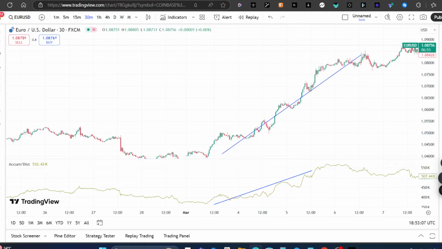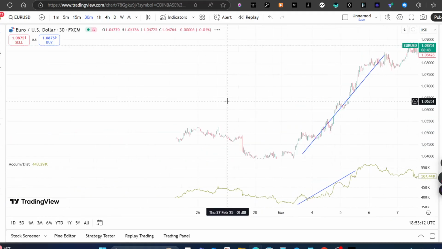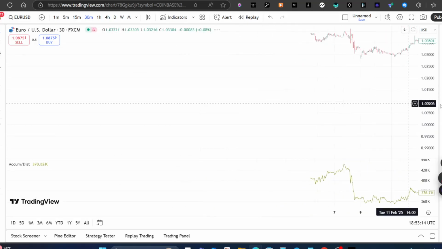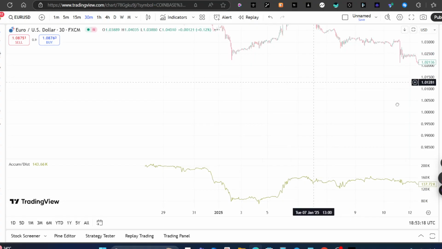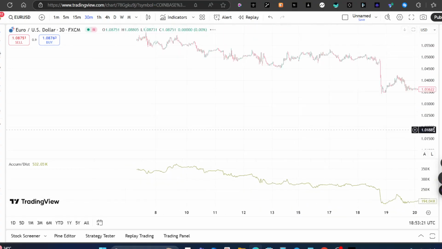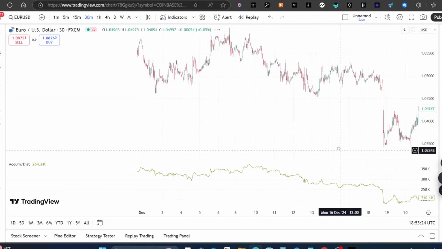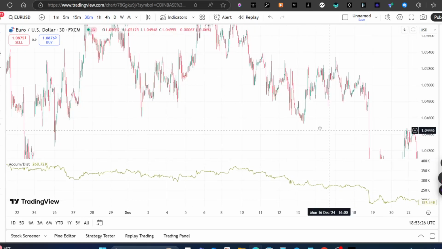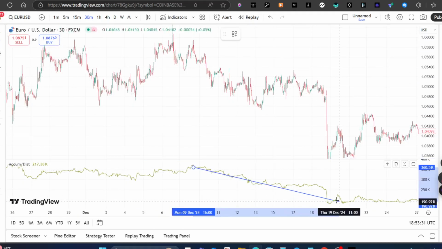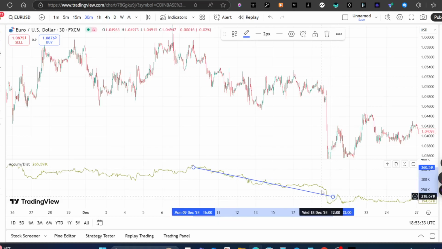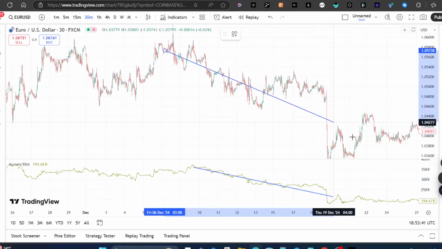But if the AD line is trending lower, for example, what was happening here, the AD line is trending lower, it shows more selling pressure and the asset may be in the process of being distributed.